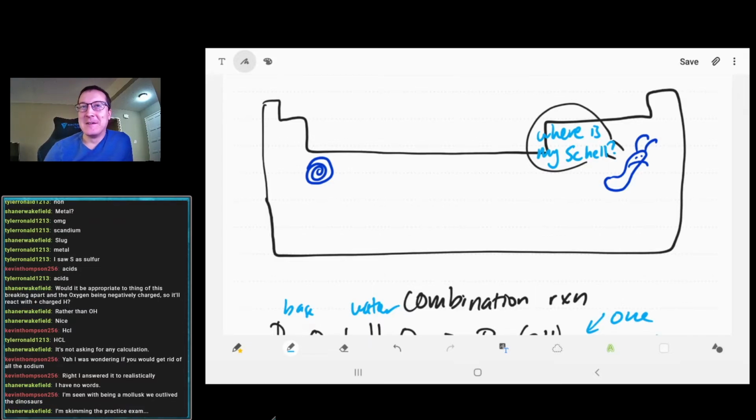Go ahead. Yeah, mollusks are pretty cool, aren't they? But this particular one is Tyler, who had lost his shell, his scandium based shell.